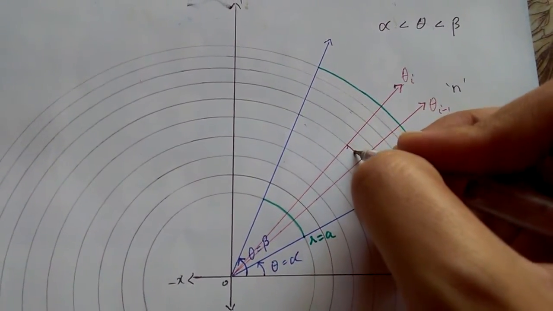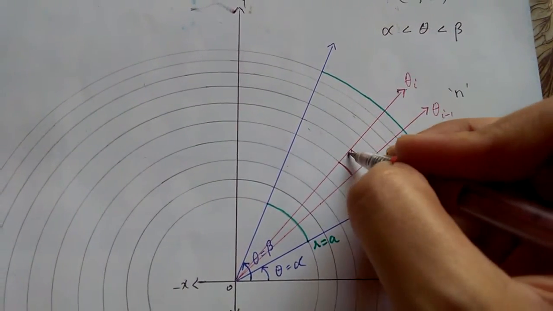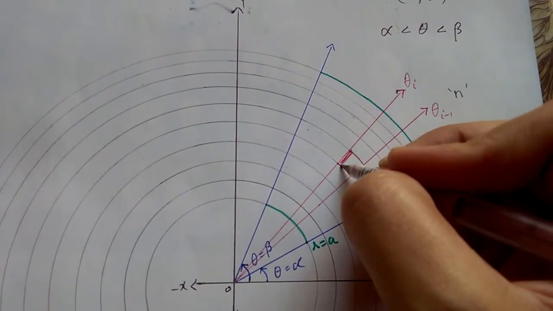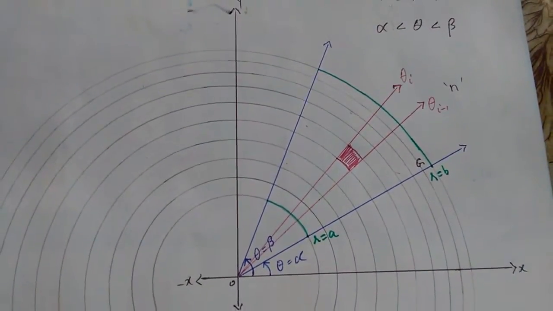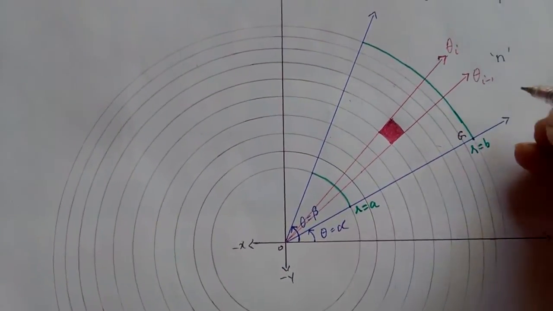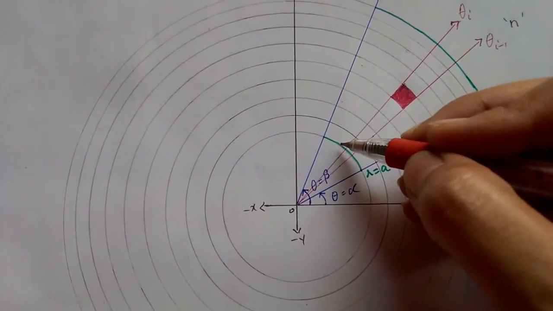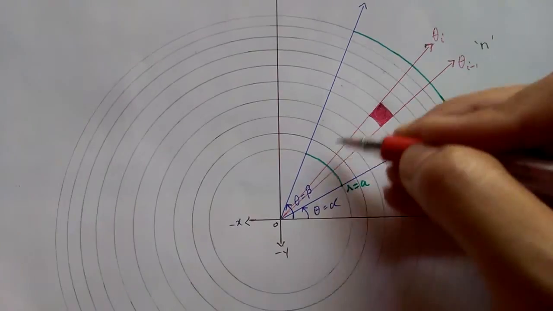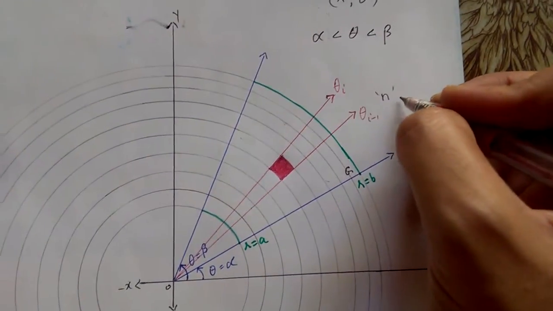Let me just try to highlight a certain segment right over here. Make sure that the number of circles we have drawn between these two major circles is tending to infinity.